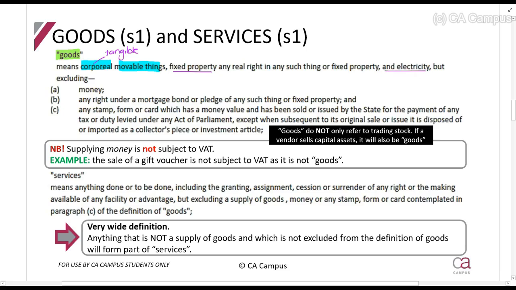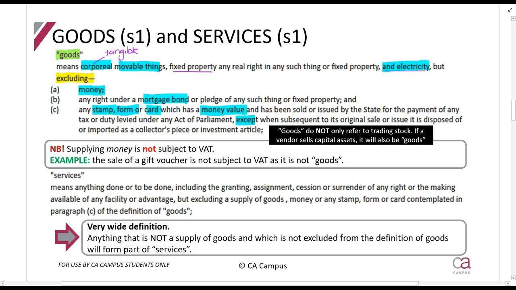So it's movable things, fixed property, any right to that, so a usufruct and so forth, and electricity. But it excludes money, mortgage bonds, stamps, formal cards which have a money value, except when it's a collector's piece.